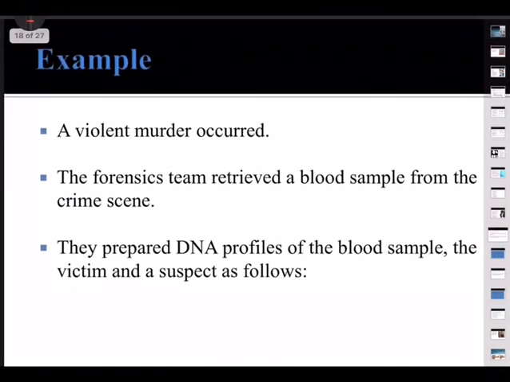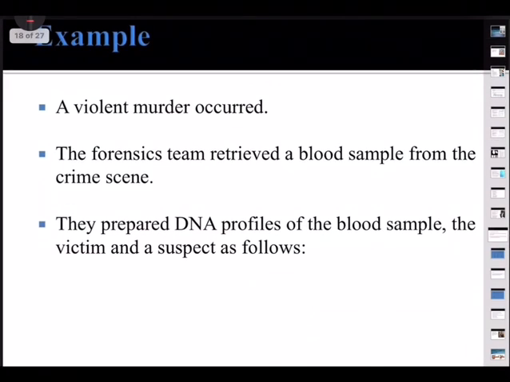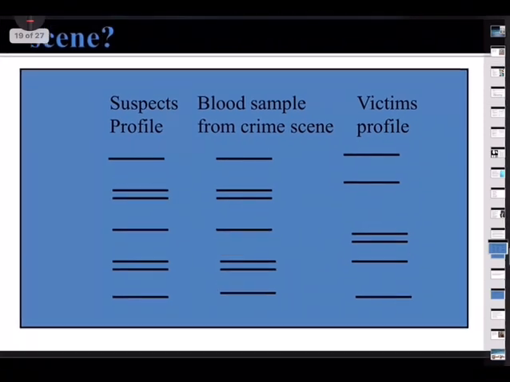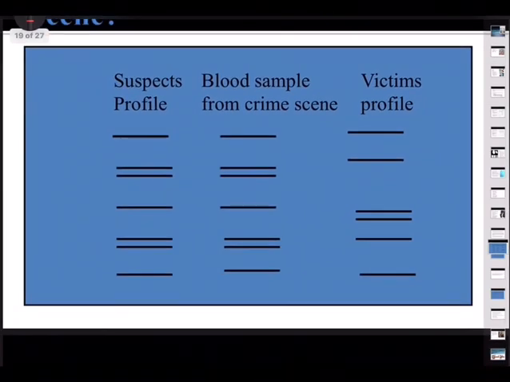And for example, a violent murder occurred. The forensics team retrieved a blood sample from the crime scene. They prepared DNA profiles of the blood sample, the victim, and the suspect. And it is as follows. Look at this. This is what I said, barcode. So this is the DNA fingerprinting profile of a suspect. This one. And the blood sample that is available in the crime scene.